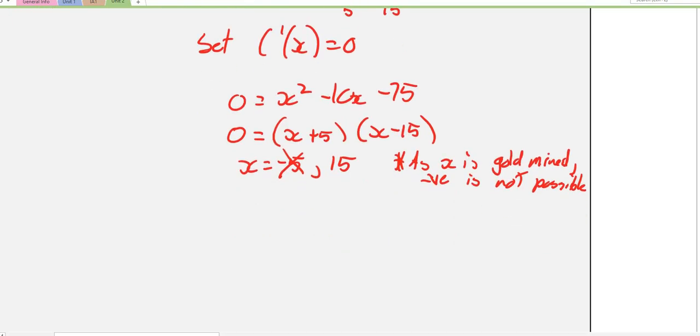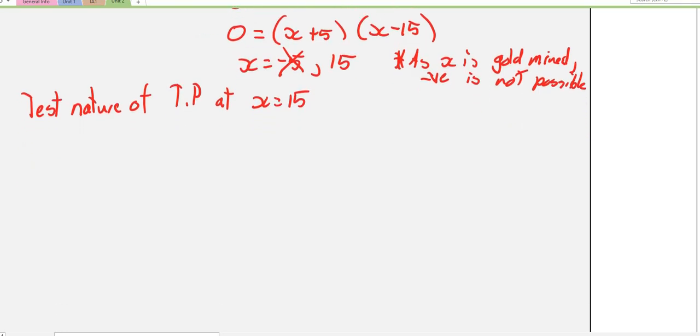Okay, so we're just going to test 15, guys, now. So we're just going to test the nature of turning point at x equals 15. So we're going to find the cost at, now, how far either side do we want to go here, guys?